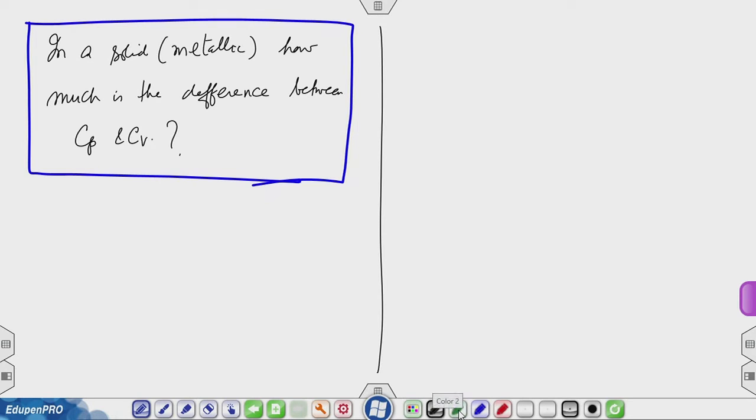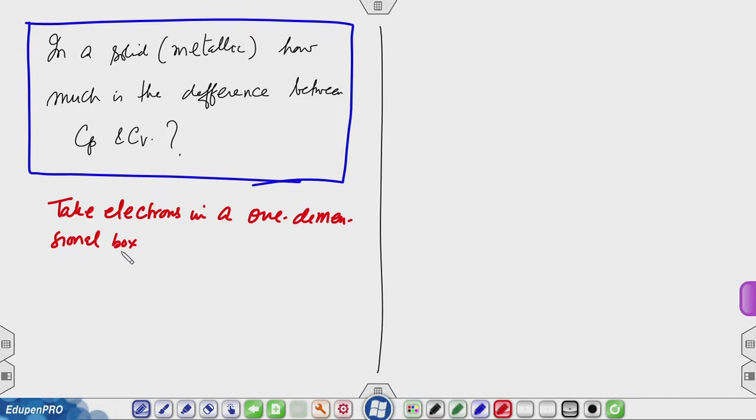So, to start with, I will take electrons in a one-dimensional box. So, what I am doing is, I have this box and there are these levels in this.